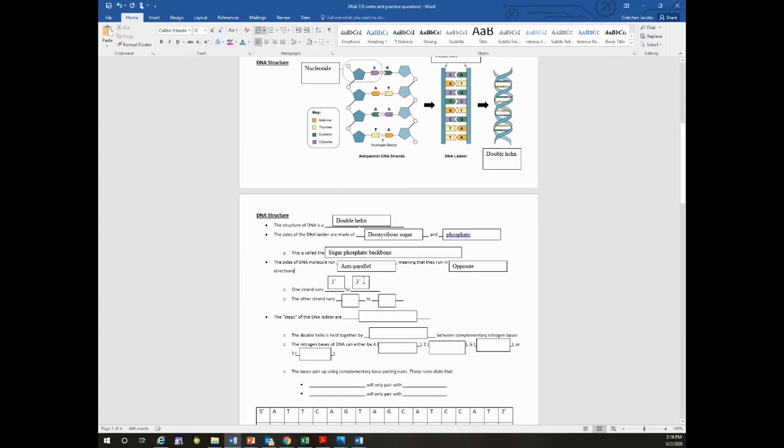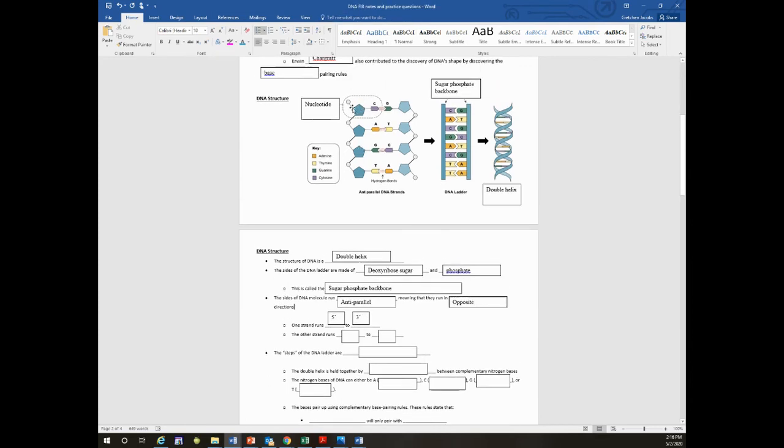This one that's right side up is going 5' to 3'. So up here, this is our 5' carbon, the one next to the phosphate, and then it goes to the 3' carbon, which is this bottom one. And then here it starts with the bottom one, so it goes 3', and then it ends with the top one next to the phosphate, so it goes to the 5'.